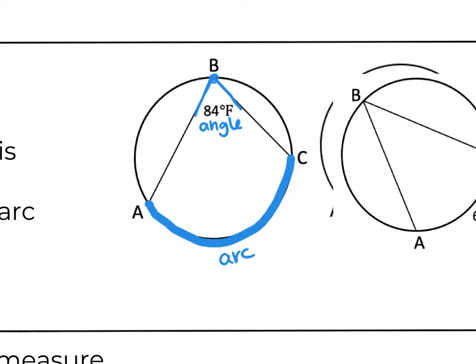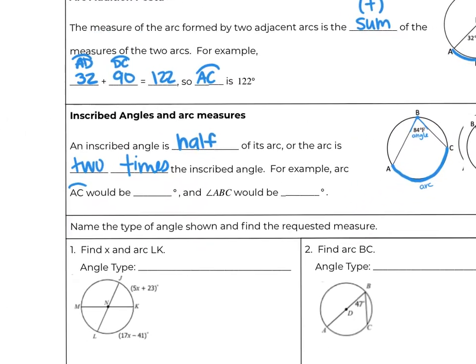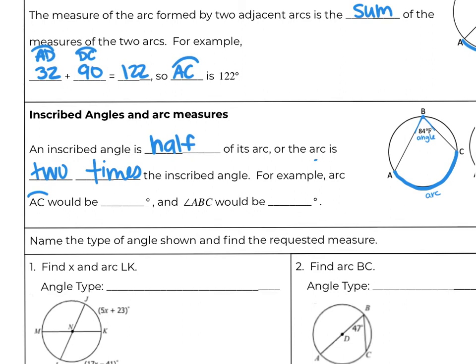Okay, that's how I sort of remember it. So read your thing. If you have, the arc is 2 times the what? It's 2 times the angle. So if you have 84 for the angle, what would I do to get the arc? Yes. So 84 times 2 is what? 168. Okay.